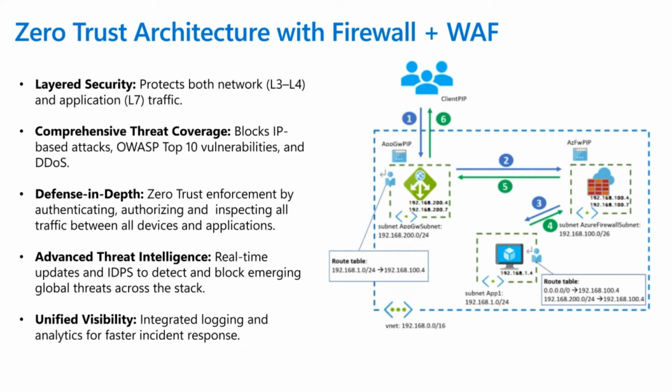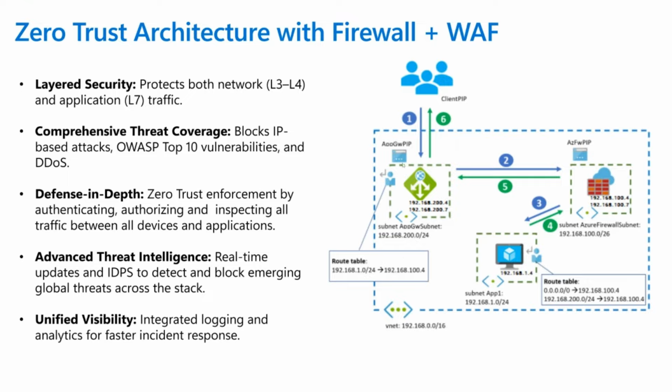By using both the logging of firewall and WAF, we get integrated logging analytics that empower you to monitor activity in real time and respond quickly to incidents, making your security team faster and more effective. So it is this proactive and holistic approach that lets organizations address risk from every angle, keeping data, users, and business operations secure against whatever comes next.